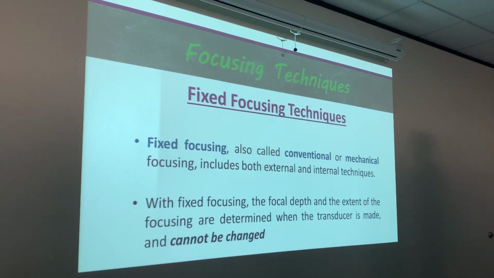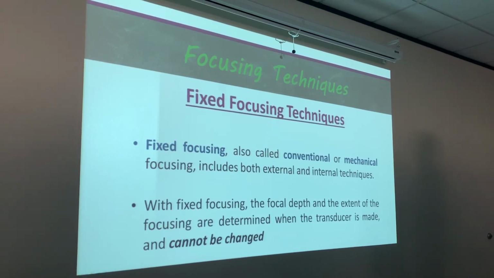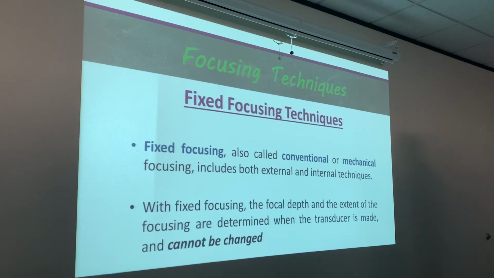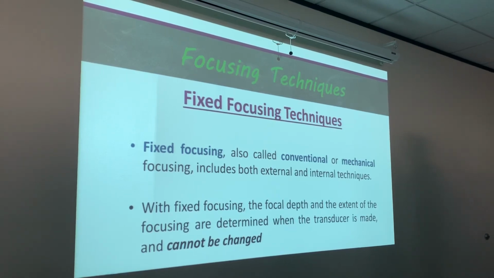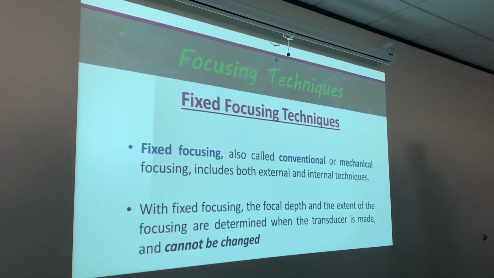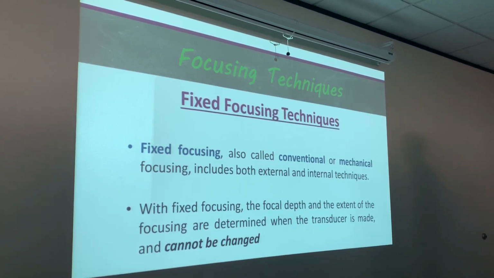Yeah, and well, focusing primarily has an effect on lateral resolution, right? Focusing is concerning the beam width. So it has less of an effect on axial resolution because the spatial pulse length is already determined by the transducer.